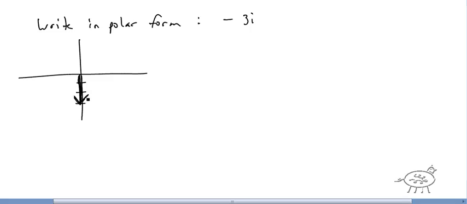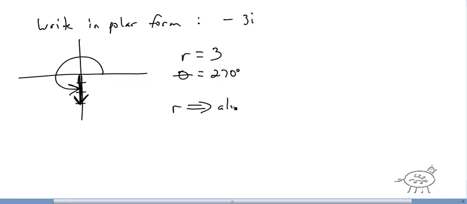Okay, and again, this is an easy one because there is no triangle involved. And basically what we do is we say, well, r is equal to 3, and theta is equal to, go all the way around here, and that's 270 degrees. Okay, that's pretty easy. Now some of you might think, well, wait a second, isn't it negative? Well, this is the deal. R is always going to be positive.